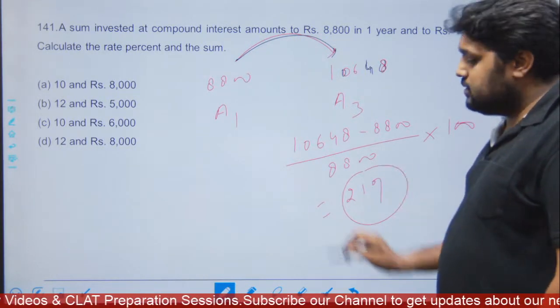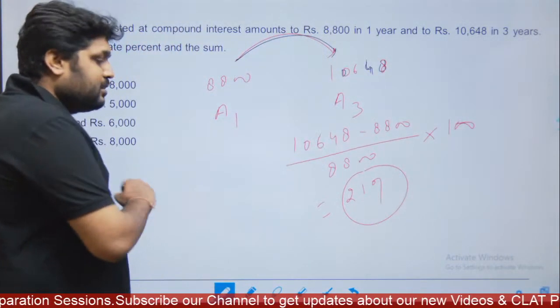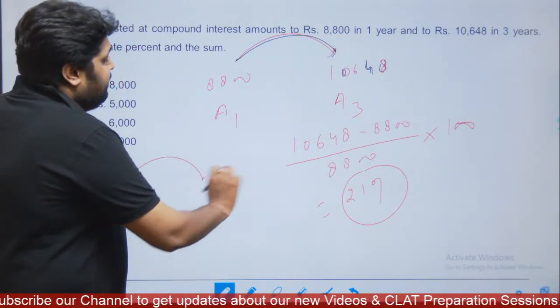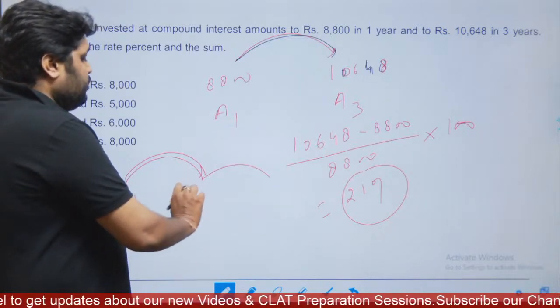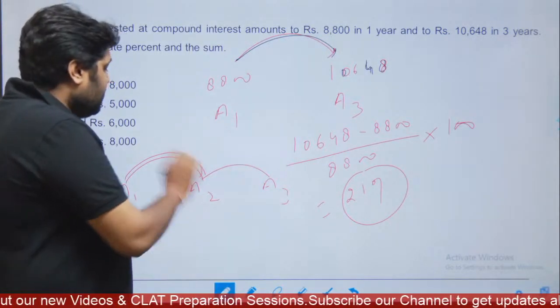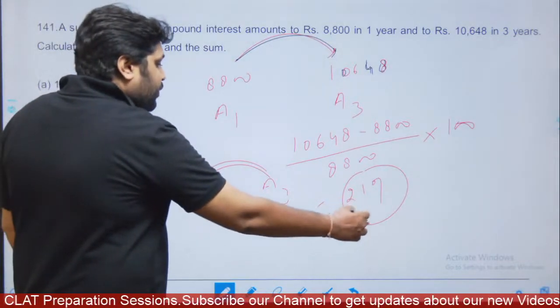So in 2 years, the net interest is 21%. We all know CI works as successive. If there are 2 successive changes, one from first year to second year and another from second year to third year, the net change should be equal to 21%.